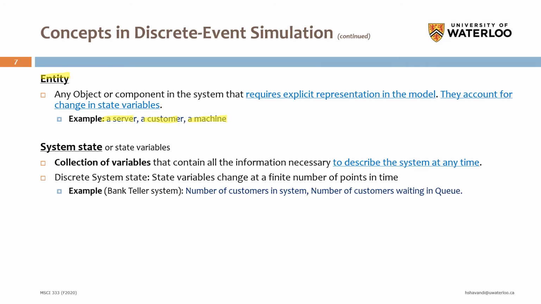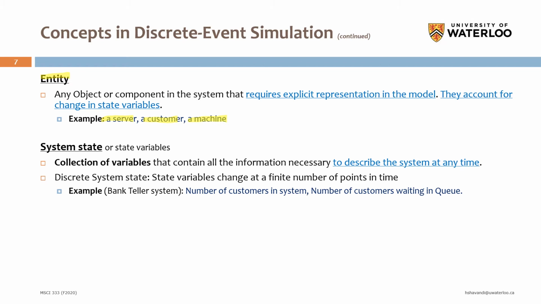The system state or state variables. Usually we define several variables in order to describe the system's state at any time. The collection of these variables describes the system's state from different angles.